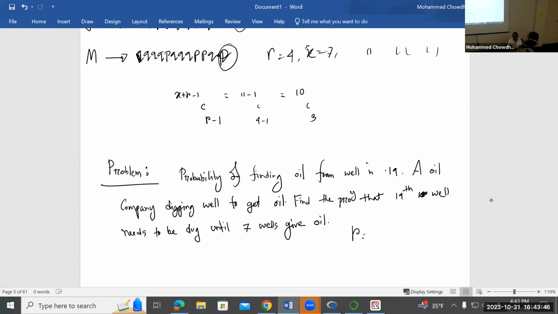R equal to 7, the number of successes, right? X equal to what? 12, right? The number of failures, right?